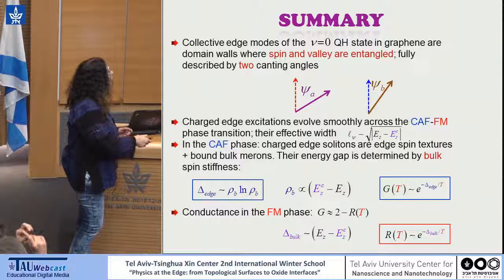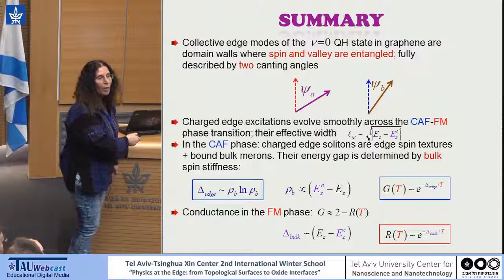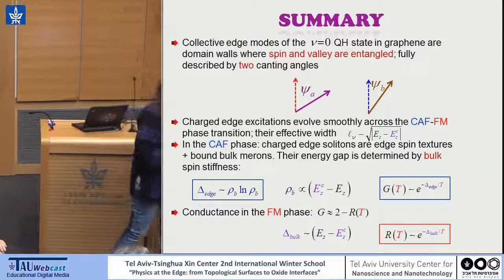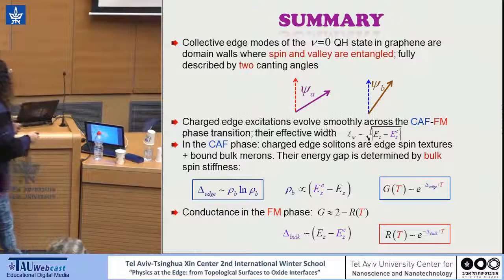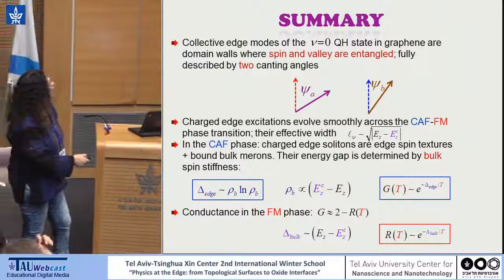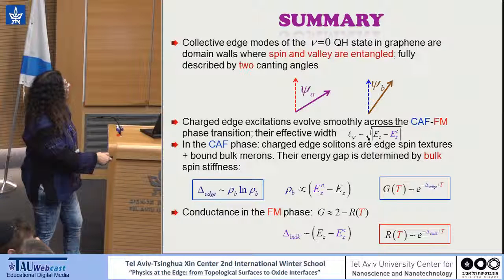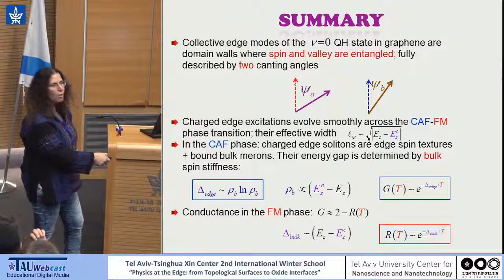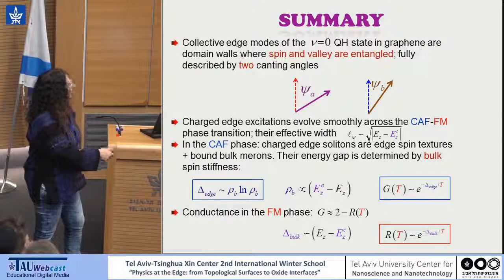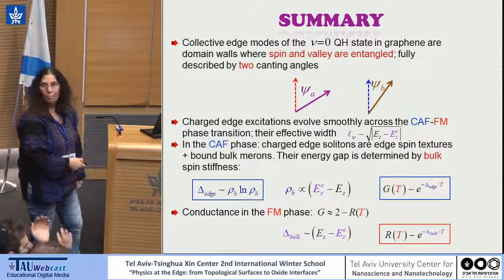In one of them, we will get an exponentially small conductance controlled by a charge gap, but the energy of the charge gap is magnetic in origin. It has to do with magnetic stiffness. And in the ferromagnetic phase, we get an almost perfect conduction with corrections that at low temperatures are expected to be exponentially small. And there's an energy gap in both phases that goes to 0 at the transition. So thank you for the attention.